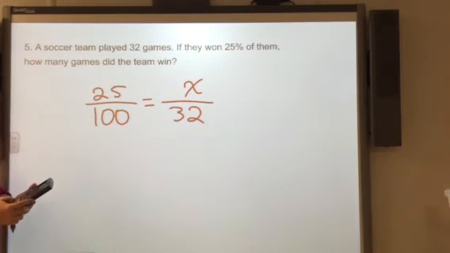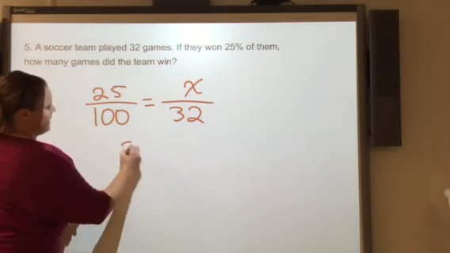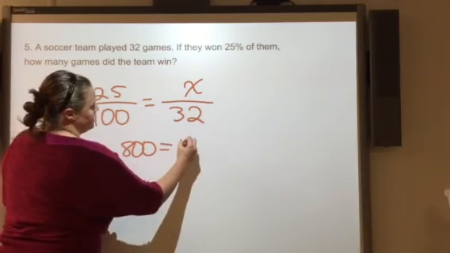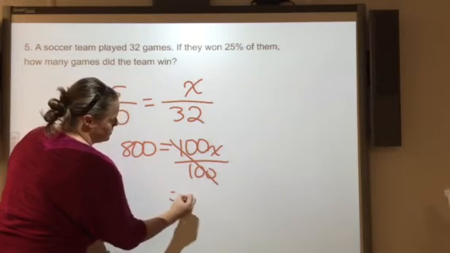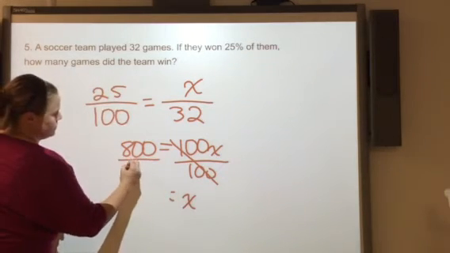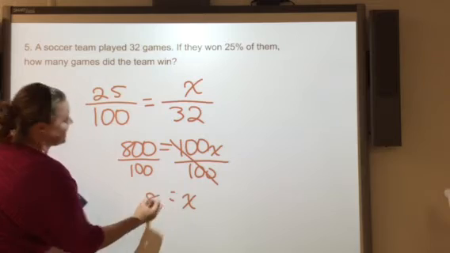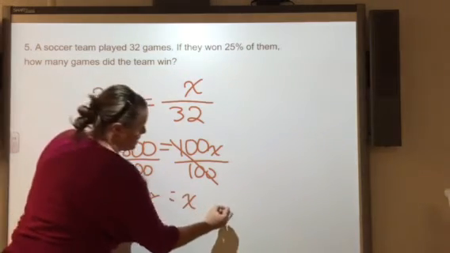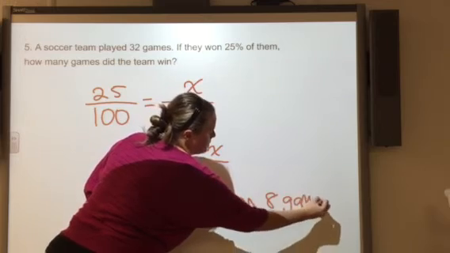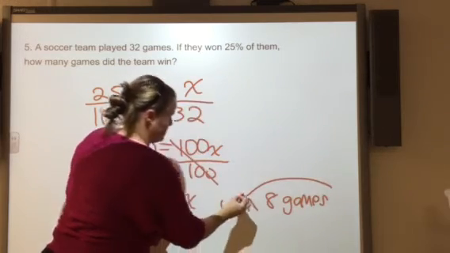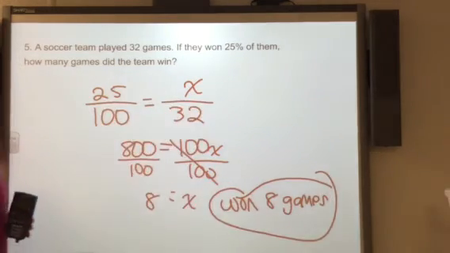So 25 times 32 is 800 divided by 100. And that's going to equal 8 games. So they won 8 games. Whoops. So they won 25% of the games.